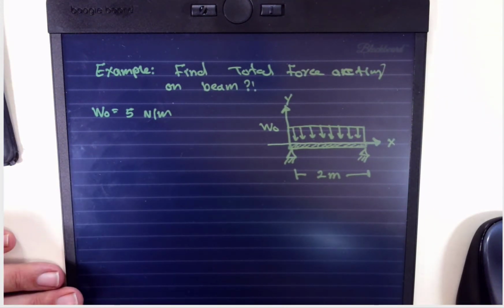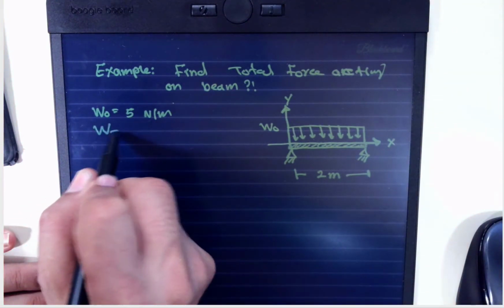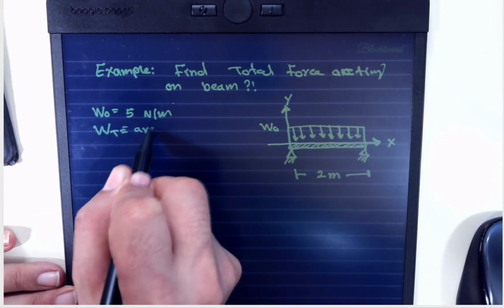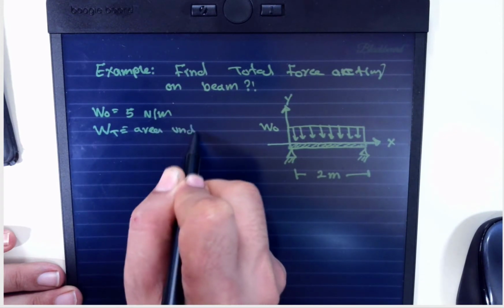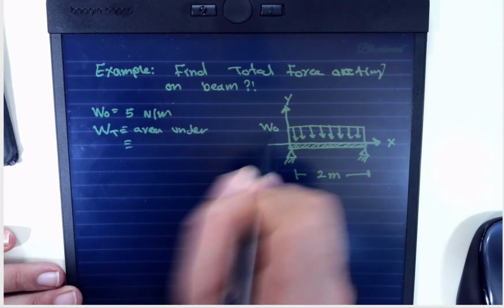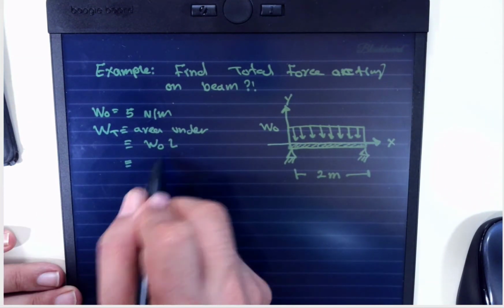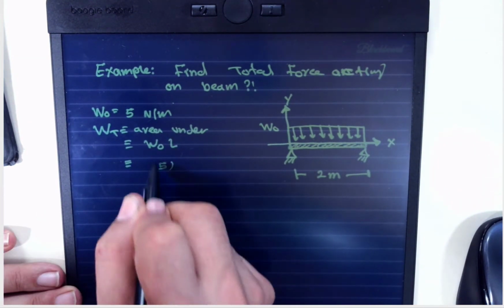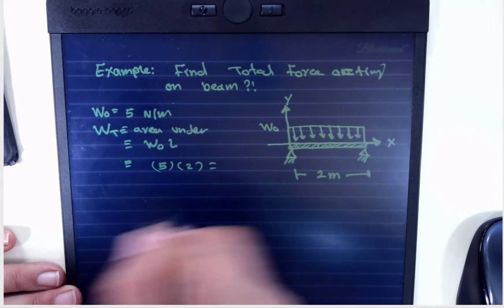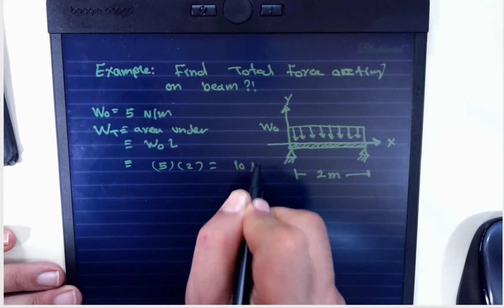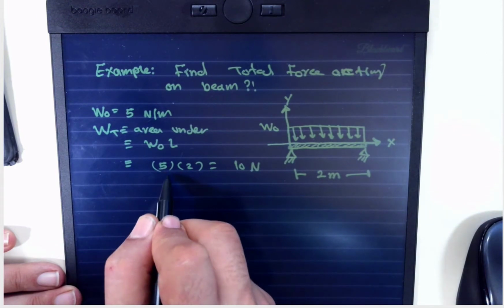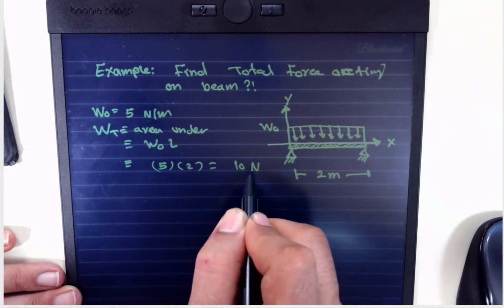So from the discussion we had, the total weight is the area under the curve. This is a rectangle. So it's W naught multiplied by L, and that's equal, W naught is 5 by 2, which is 10 Newton. So this is Newton per meter times meter, so we end up with Newton.